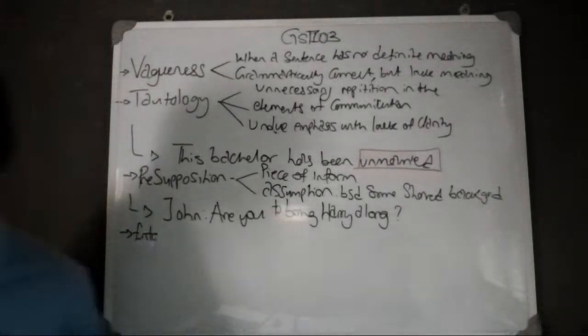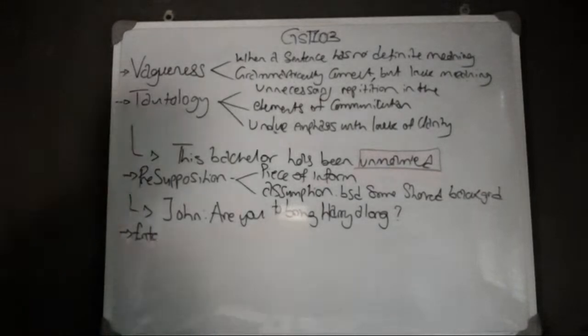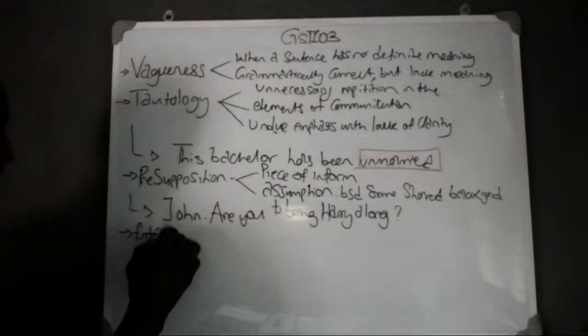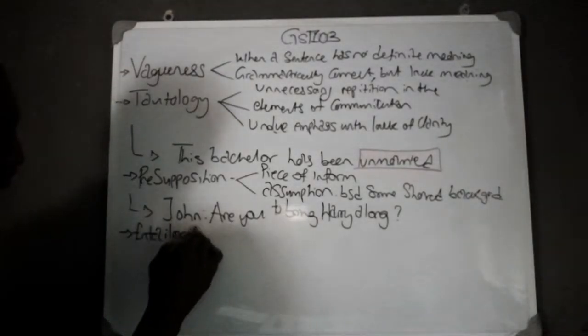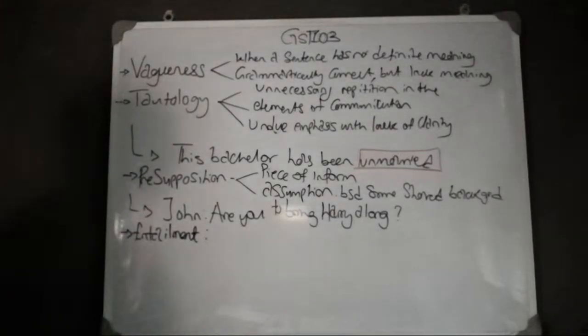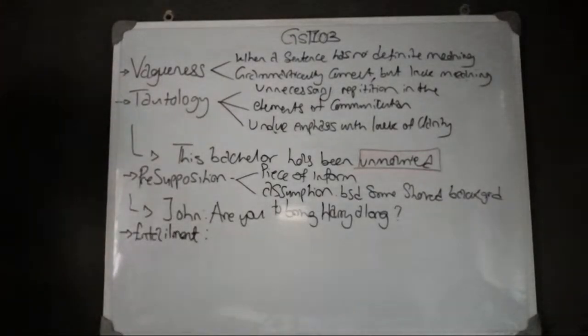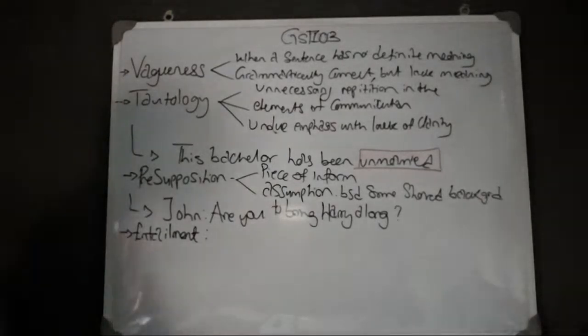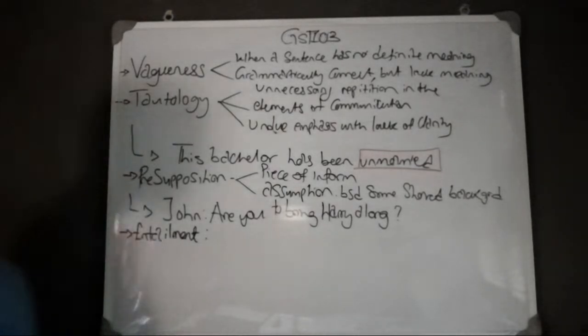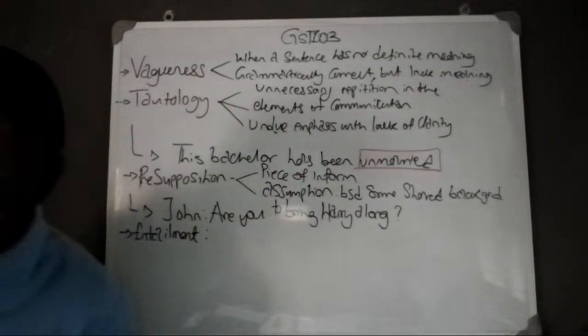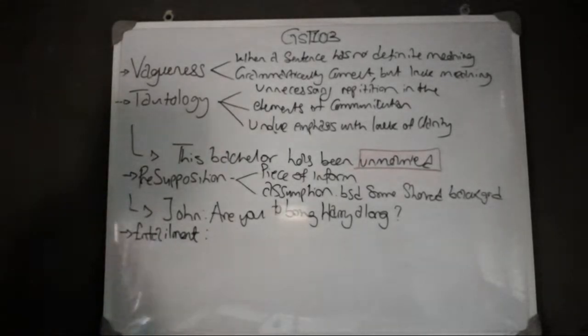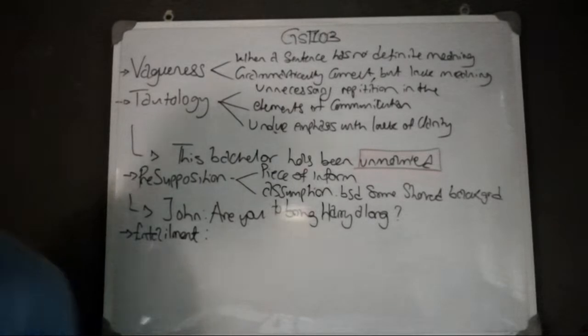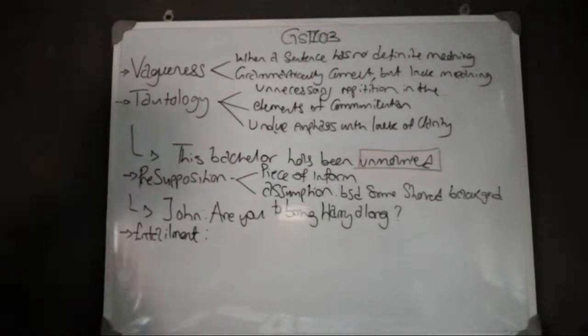In entailment, there is usually a pair of sentences, and the truth of one derives from the truth of the other.